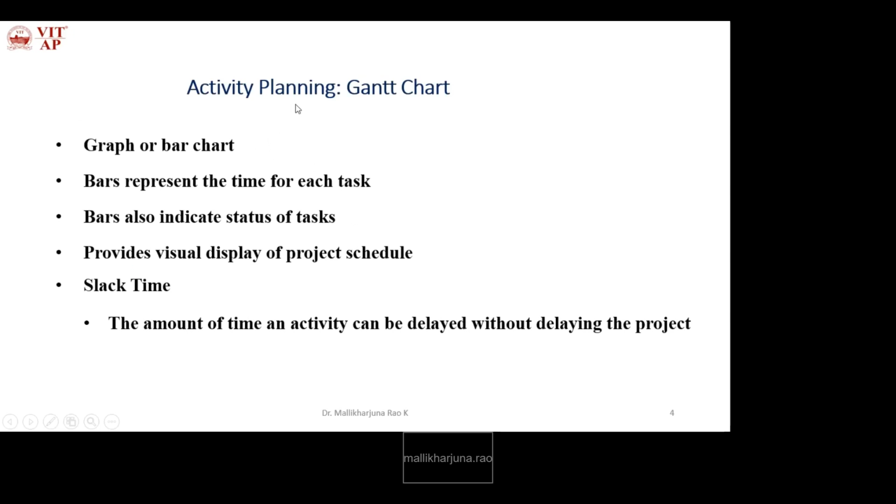In order to plan or schedule the activities, we will use a Gantt chart. This Gantt chart is useful to represent the activities in terms of a graph or bars. These bars represent the time for each task. That is, every task, subtask or parent task has some deadline, the start time and the end time.